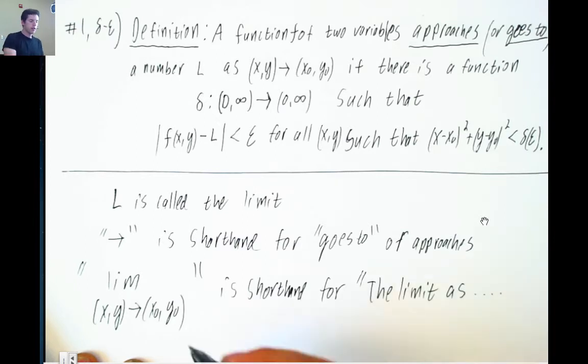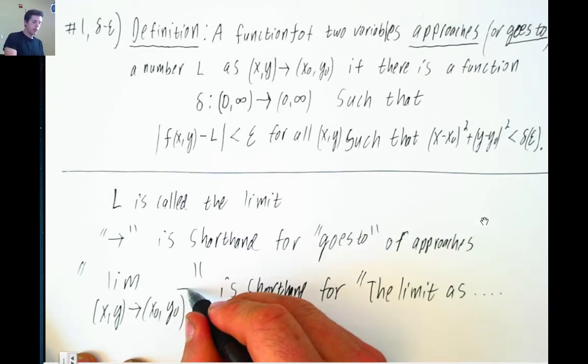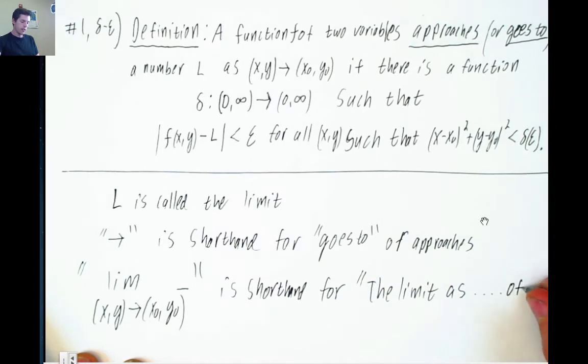And then there will be some object right here, and then underline. Okay, so we read this way: the limit as (x, y) goes to (x naught, y naught) of whatever's there. Maybe that's an f of (x, y), all right?